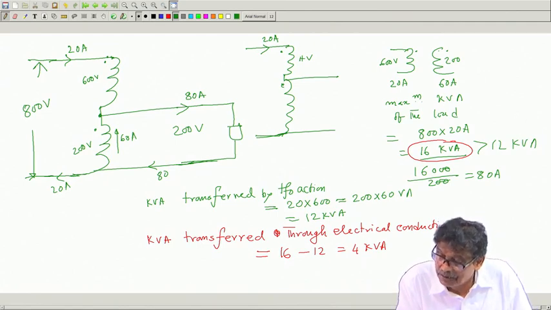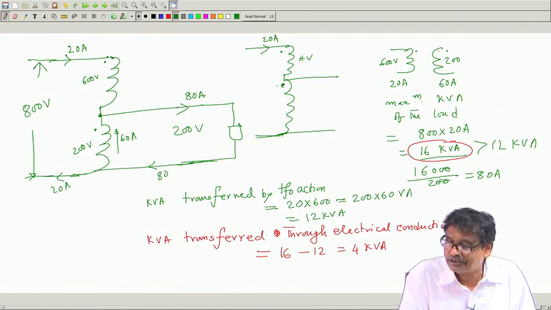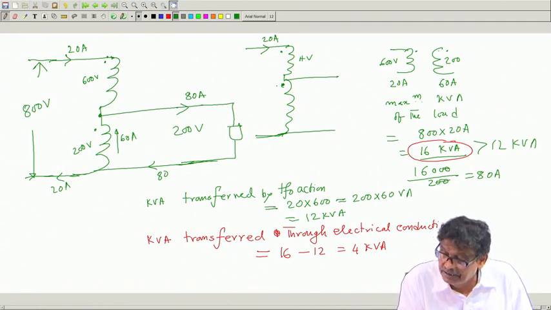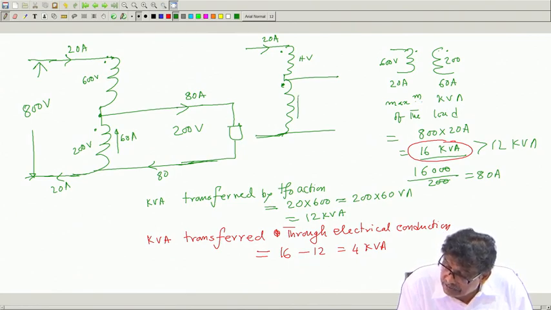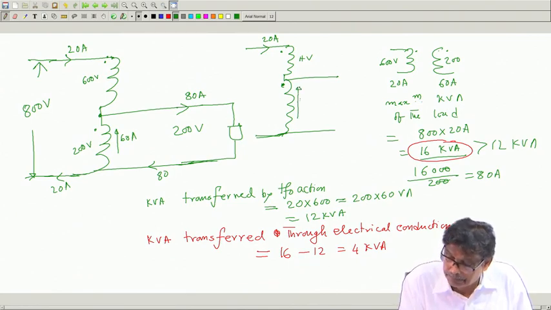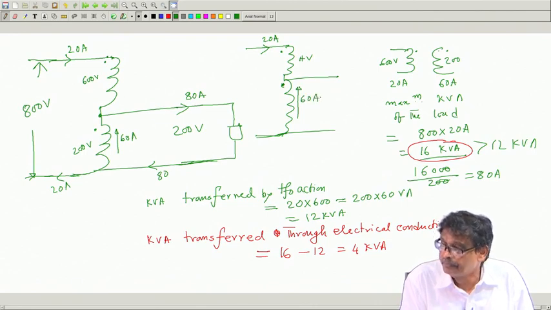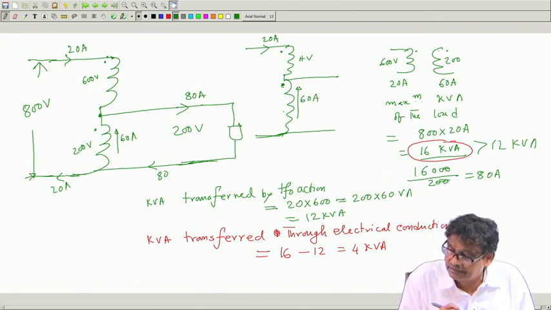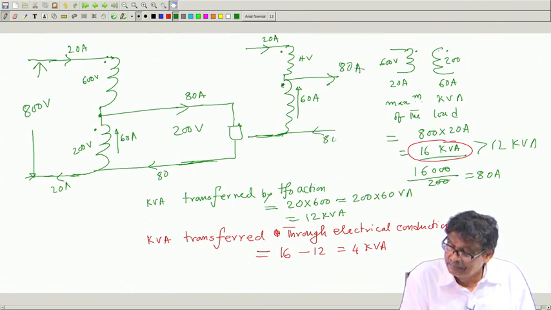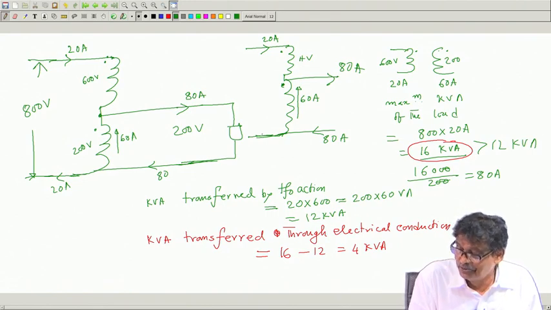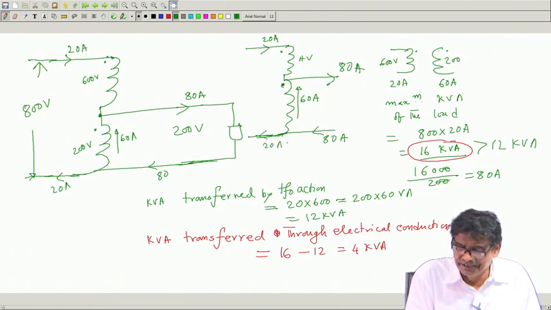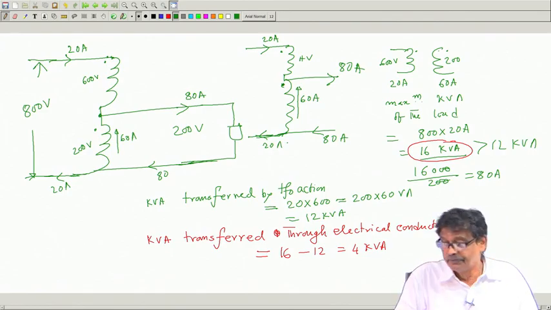But then I will argue, if this is 20 ampere coming in through the dot of this transformer, then 60 ampere must flow, then only these two MMFs will be balanced. And then I could arrive at this 60, 20, 80 alternatively also in this way. So, get used to it please, 20 ampere, very simple calculations otherwise. Thank you, we will continue with this.